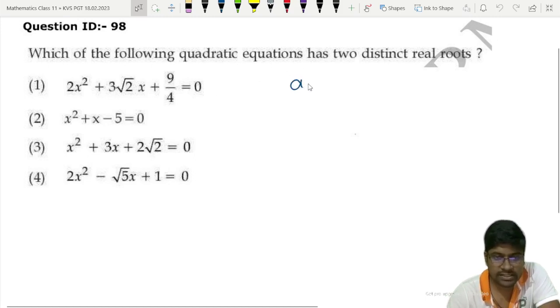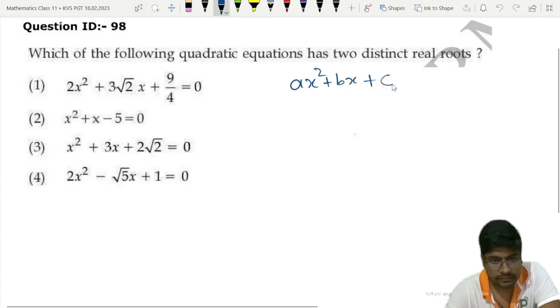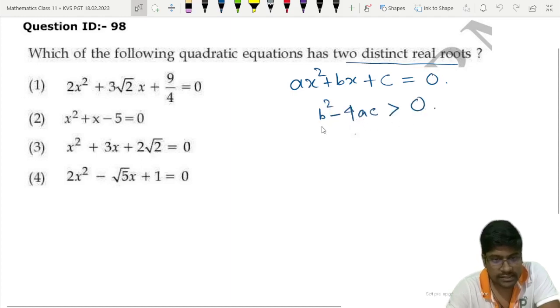For a quadratic equation ax square plus bx plus c equal to 0, this quadratic equation will have two distinct real roots if b square minus 4ac is greater than 0. That is the condition. Then we will have two distinct real roots.